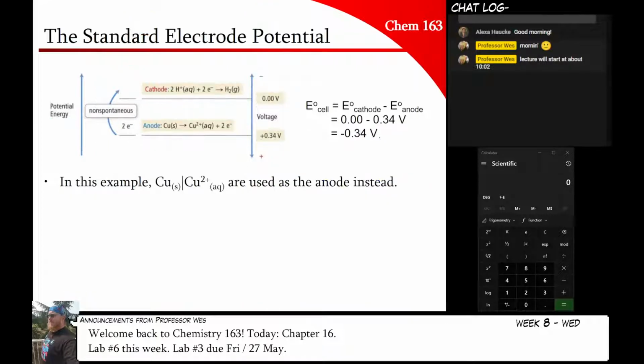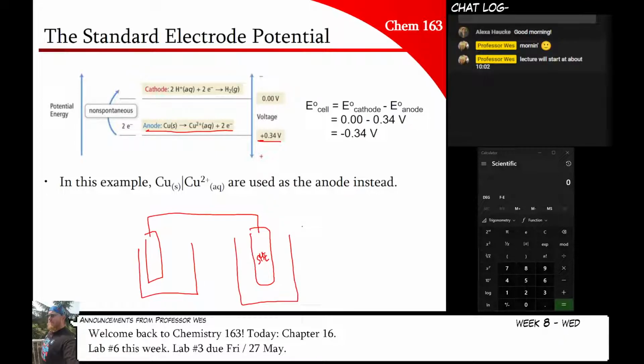All right, let's do a different example using copper. Here, copper has a potential of positive 0.34. If I set up my battery so that it looks like this, where I have copper at the anode, and then I have the SHE at the cathode here.